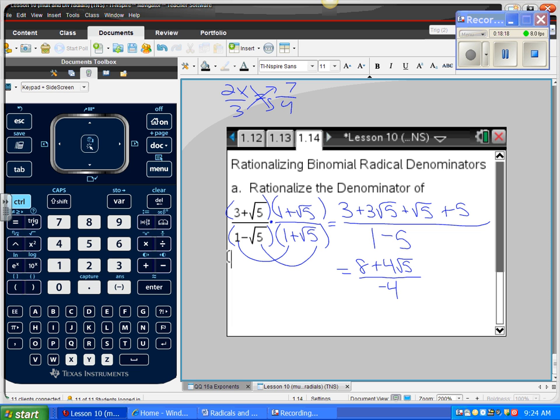Am I done? What can I do? I can divide, yeah. Now, when I'm dividing, do I just divide into one part in the numerator, or do I divide into both? I've got to divide into both, okay? If you're going to simplify, make sure it gets simplified into both pieces.